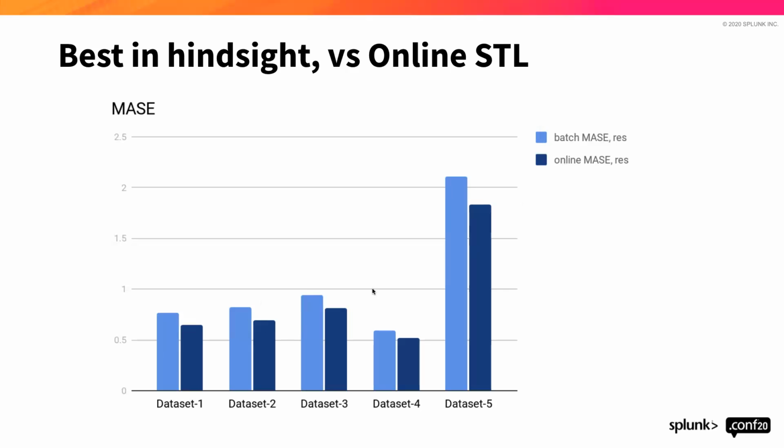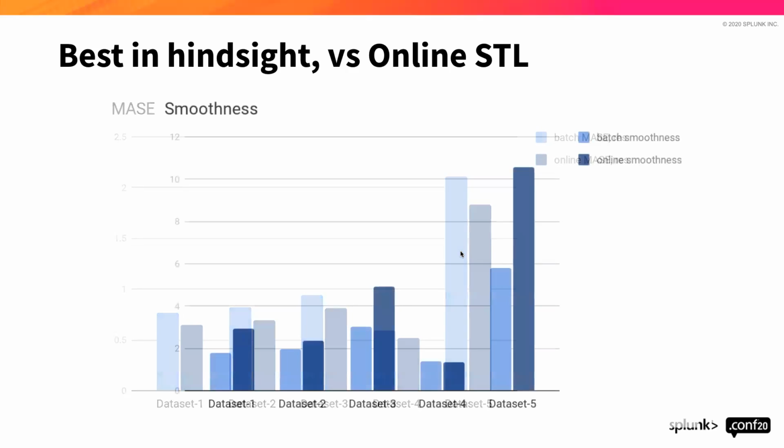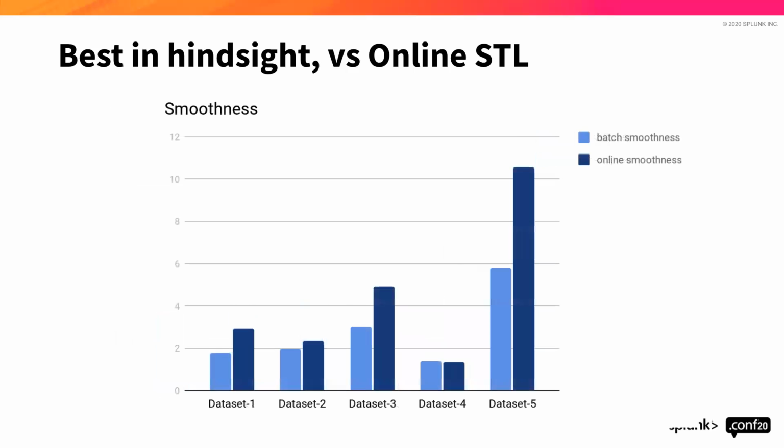Oh, so the online algorithm is actually worse than the batch algorithm, right? And that's what you expect. You can also look at the smoothness. Again, the lower the smoothness value, the better. So again, it intuitively makes sense. The online algorithm is not going to be as smooth as the best in hindsight algorithm, because the best in hindsight algorithm sees all the data, right?